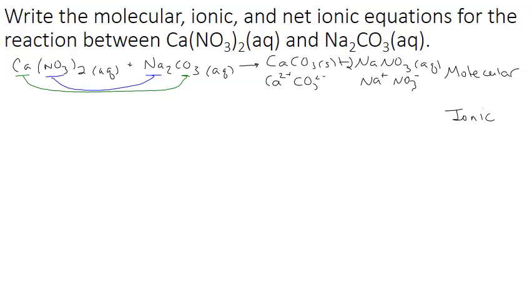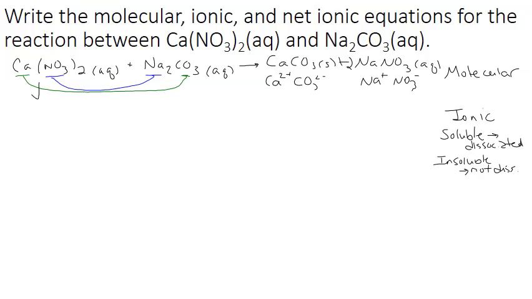Now, you have to be careful. Most soluble ionic compounds are shown as dissociated. Most insoluble ionic compounds are not dissociated. So you've just got to keep that in mind.